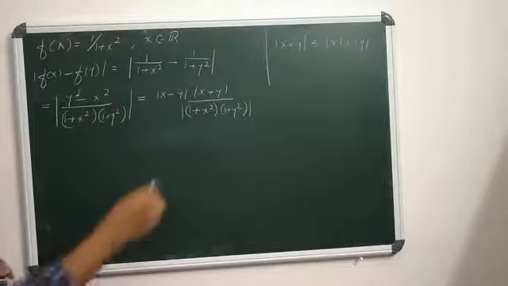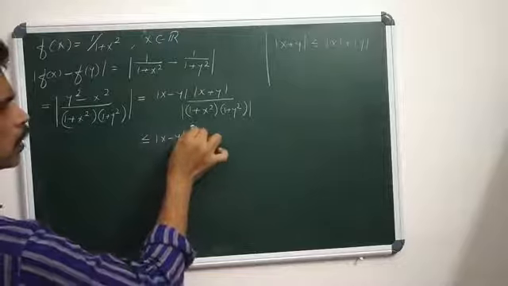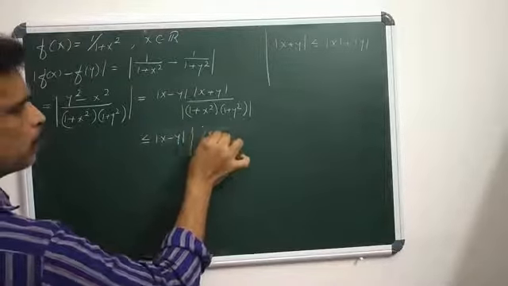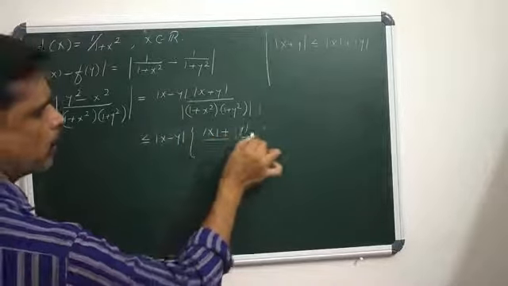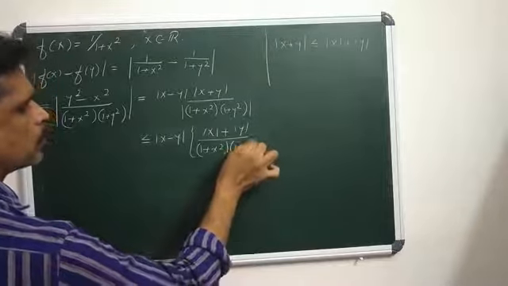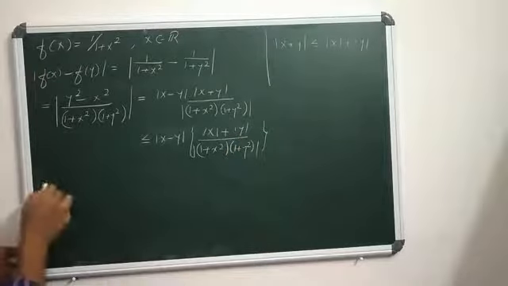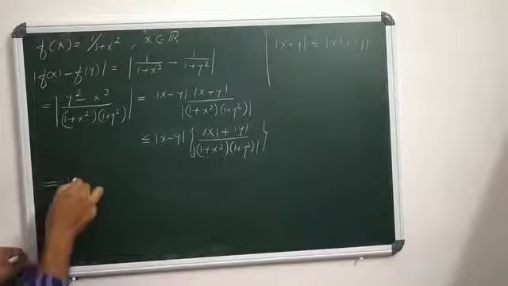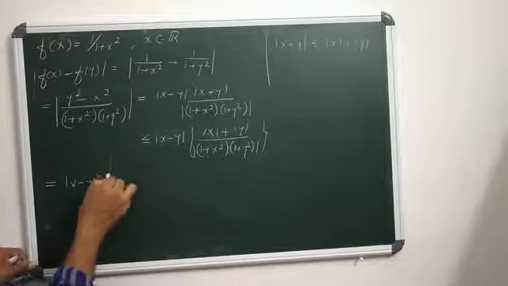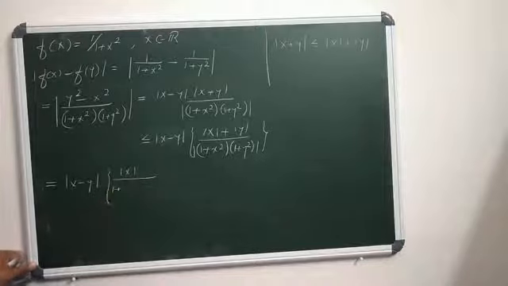According to that argument, this is less than or equal to modulus of x minus y into mod x plus mod y by 1 plus x square into 1 plus y square, which equals modulus of x minus y into mod x by 1 plus x square into 1 plus y square.